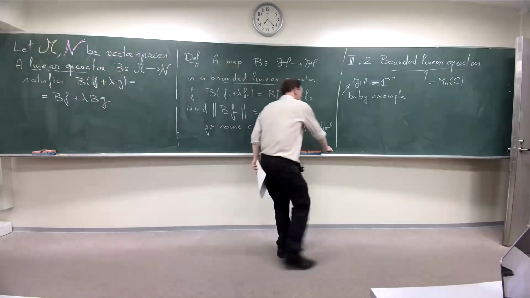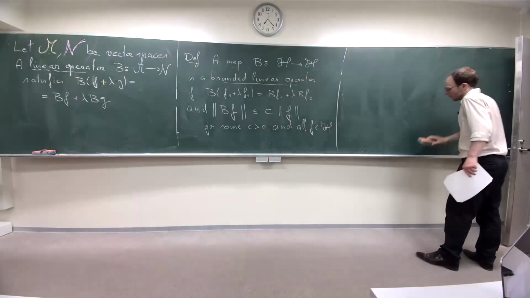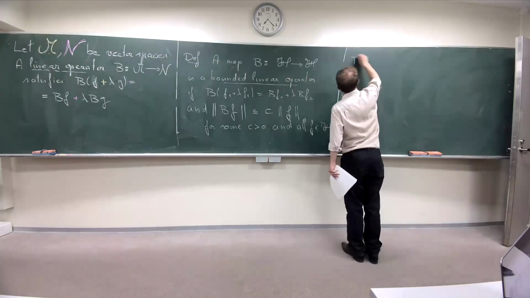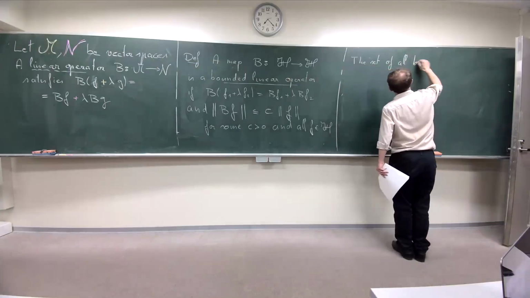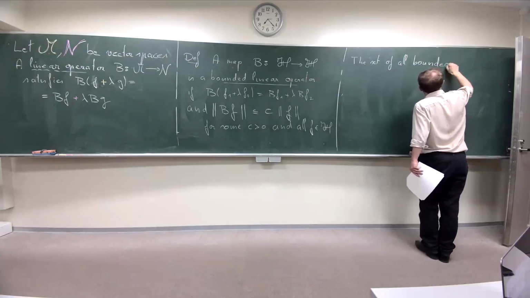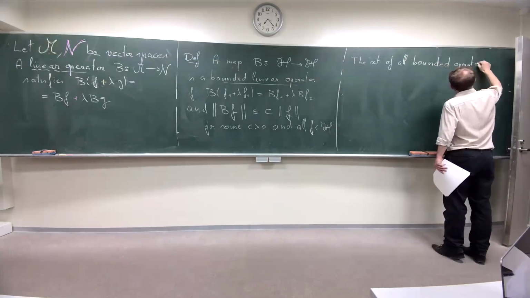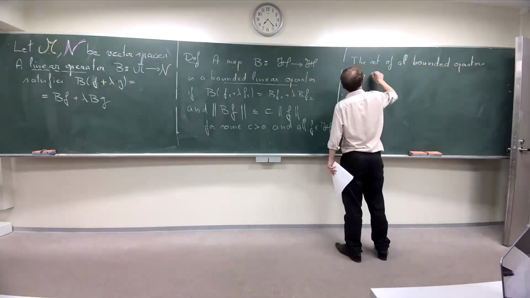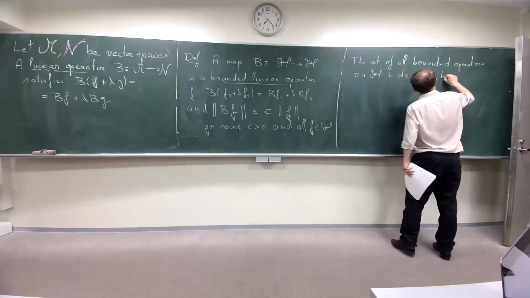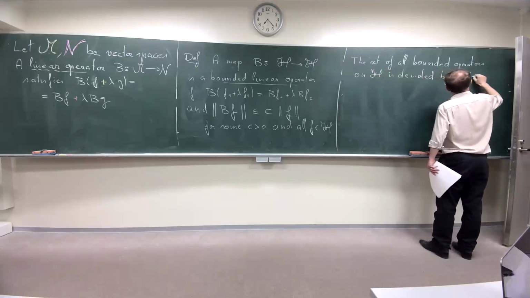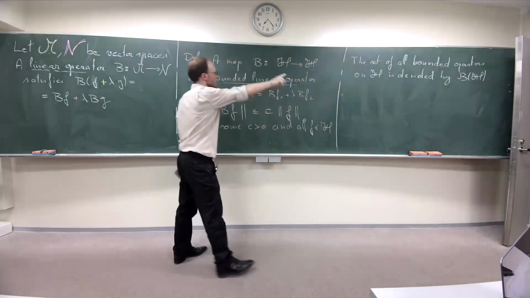What is the notation for the set of all bounded operators on H? B of H, yes. Still in the definition, the set of all bounded operators on H, all matrices if it is finite dimensional, is denoted by B of H. B for bounded. Be careful, it's not the same B as this one.